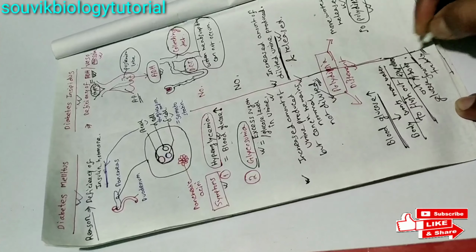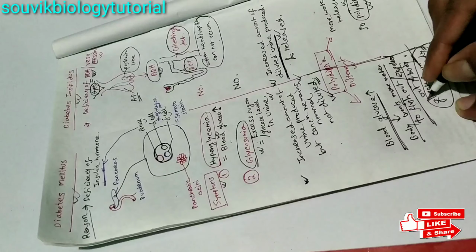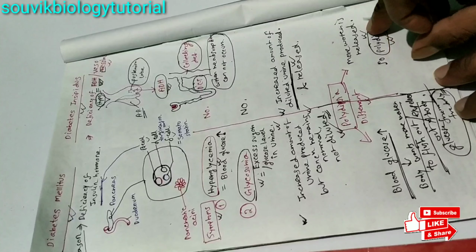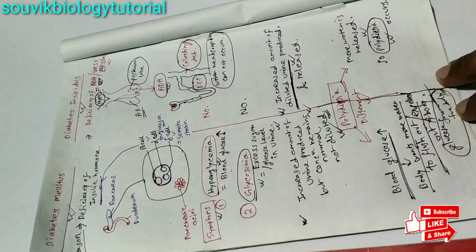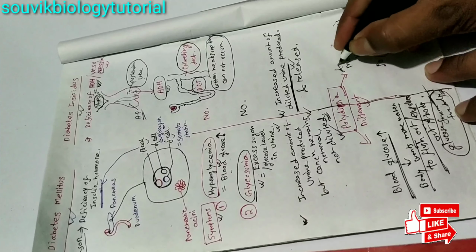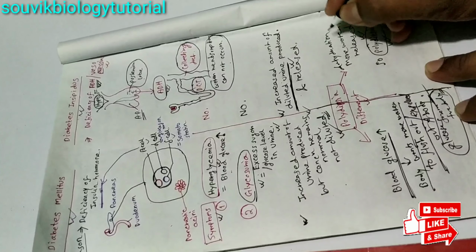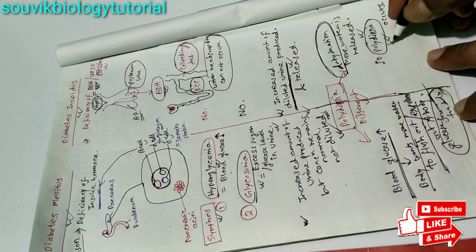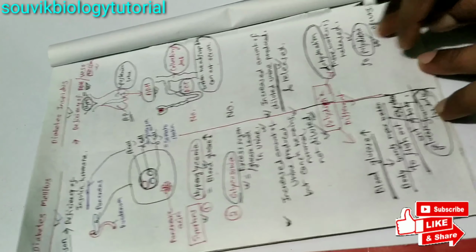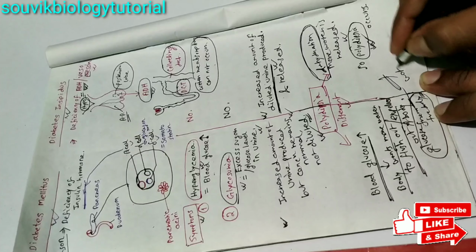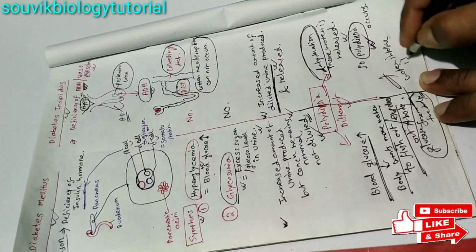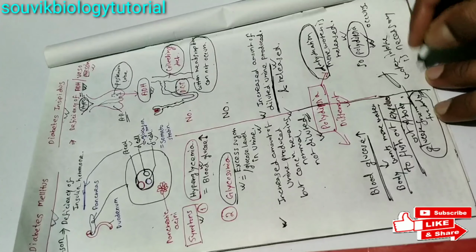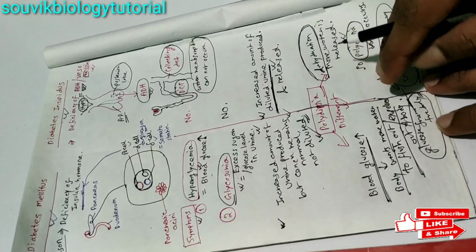Okay? So for removal of excessive glucose, polydipsia occurs. And here, as more water is expelled out of the body, dehydration occurs, right? So to cope with the situation, polydipsia occurs. That means in both cases, water intake is necessary. That means thirstiness occurs.